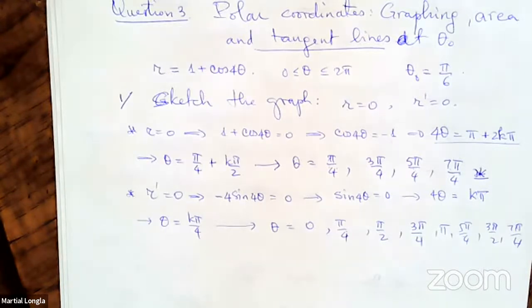What does this mean? Is that where the slope of the graph is equal to 0? Yeah.